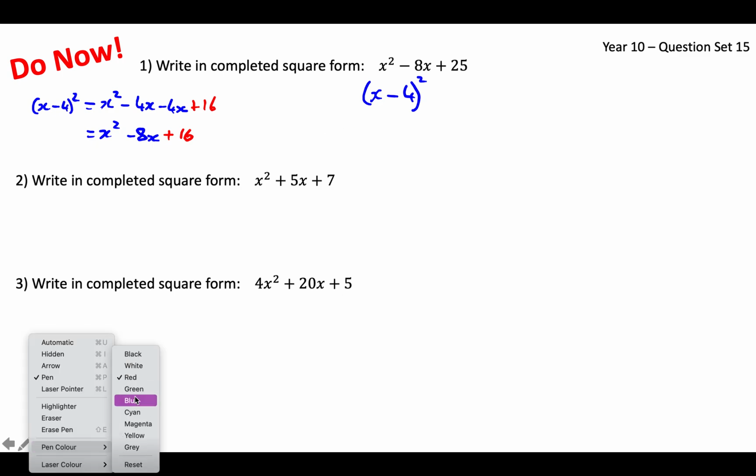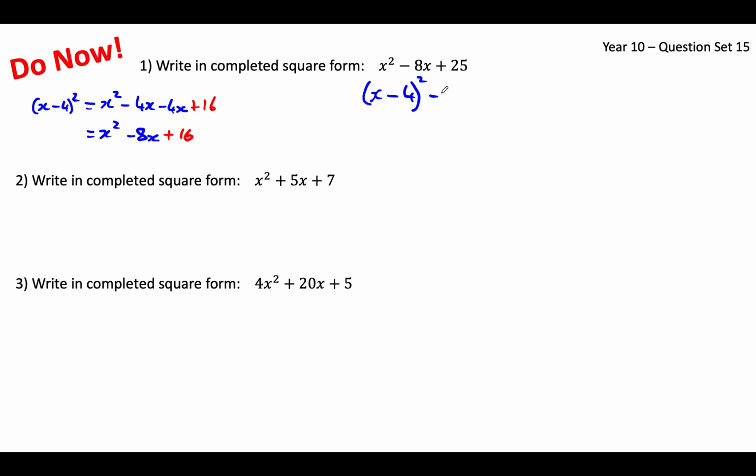So you always have to take away this number squared. So take away minus 4 squared. Right? And then, of course, I've got my plus 25 on the end. X minus 4. Right, so we're going to take away minus 4 squared.